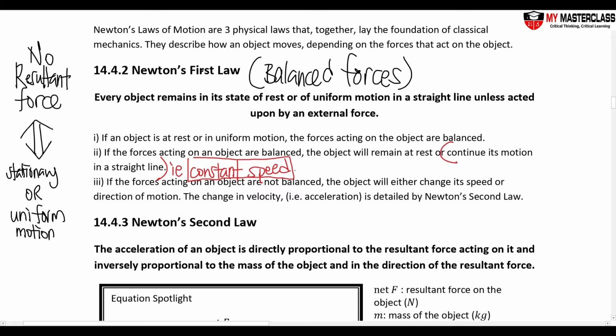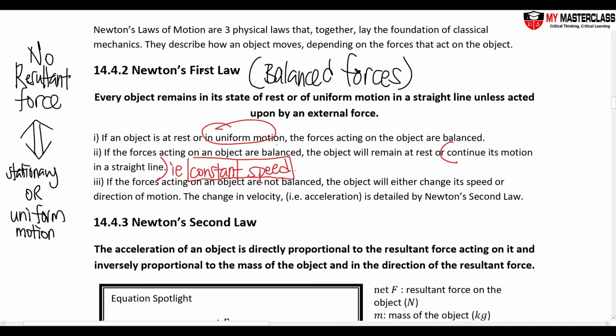No net force, the forces all cancel each other, up equals down, left equals right. Constant speed means the forces are balanced. The forces all cancel each other. So if you see constant speed, uniform motion, it means that the forces must be balanced.